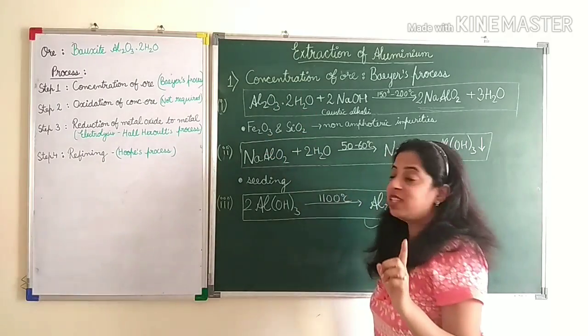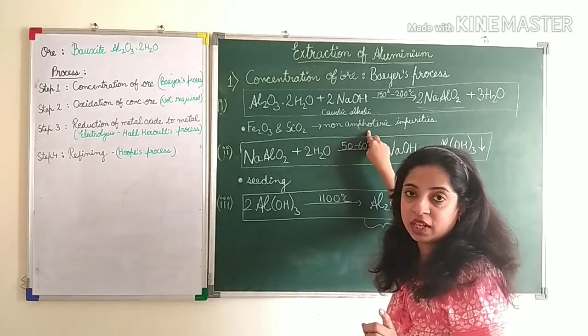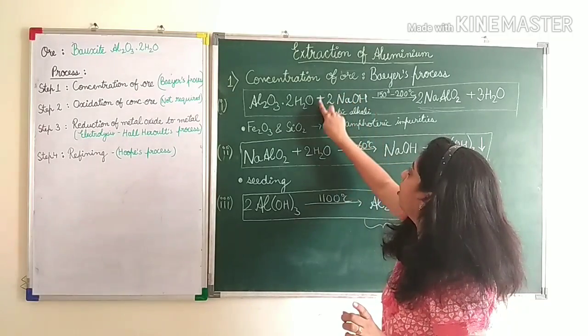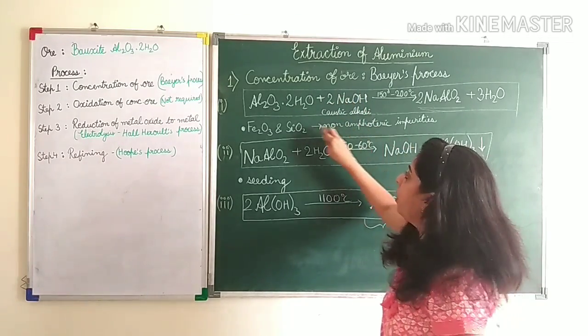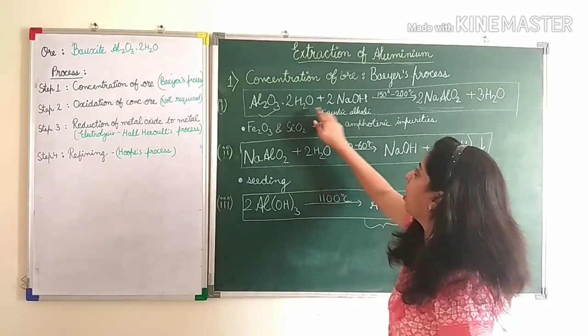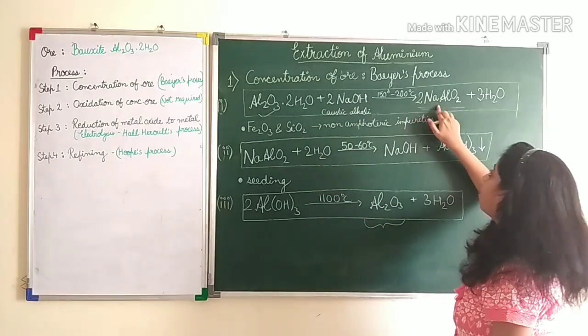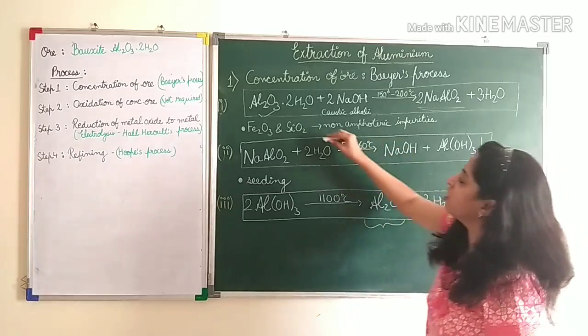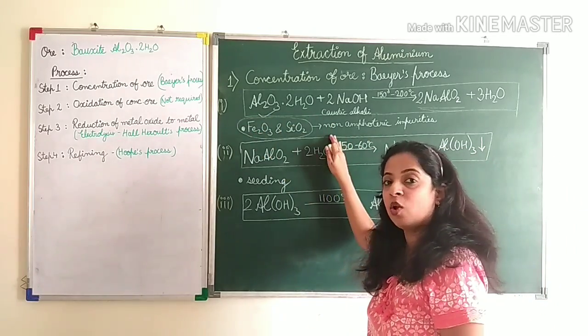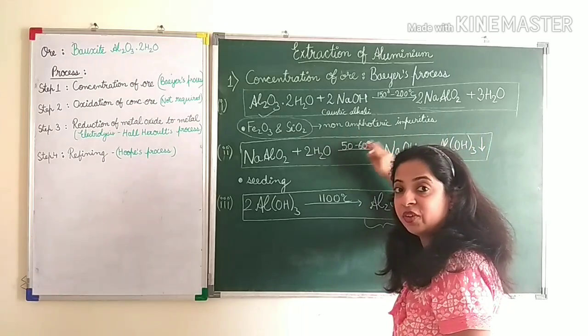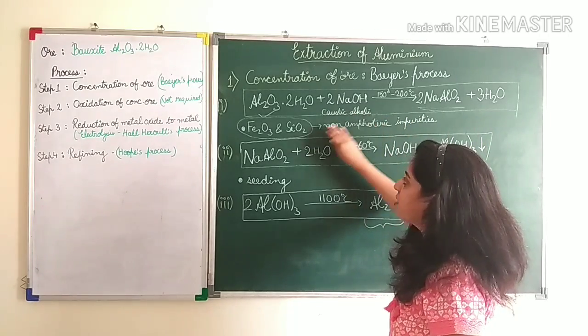Since these impurities are non-amphoteric in nature, they will not get dissolved with it and form salt. So they will be removed and only Al2O3 will get dissolved with NaOH and form salt and water. Since these two impurities are non-amphoteric in nature, they will not form salt and water and will get removed. So one question that is asked is this.